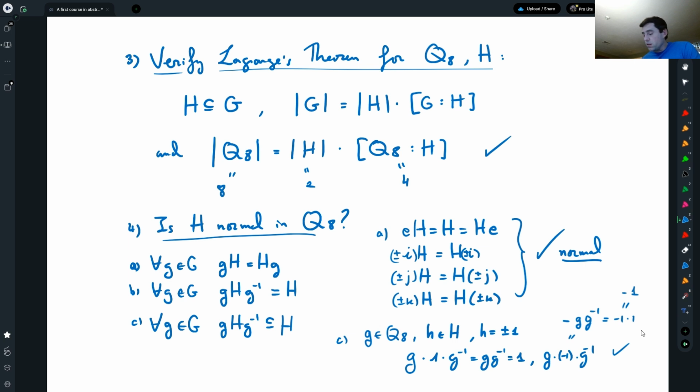So it works also from this definition. You have to check just that this will work for any G in Q8, but that's how multiplication by minus 1 works. So yes, it is normal.